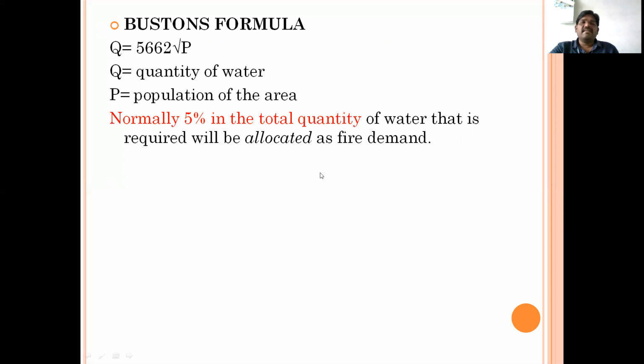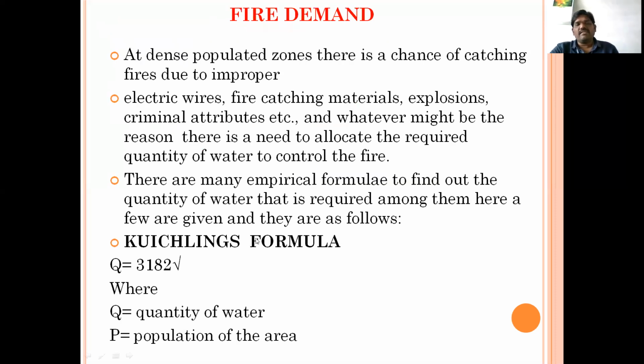All these are empirical formulas. In the days to come, you will come across many empirical formulas you need to remember to find the various requirements of a water supply system.